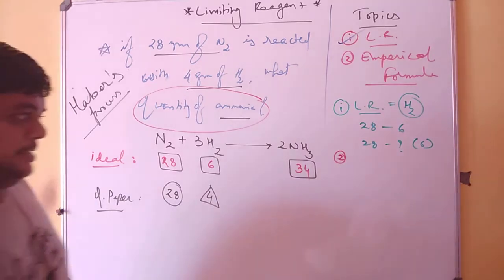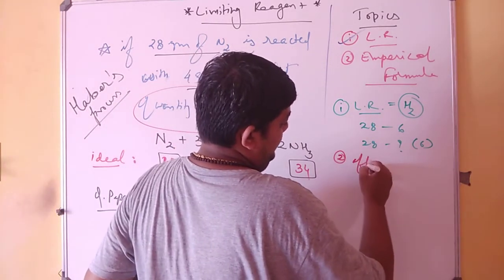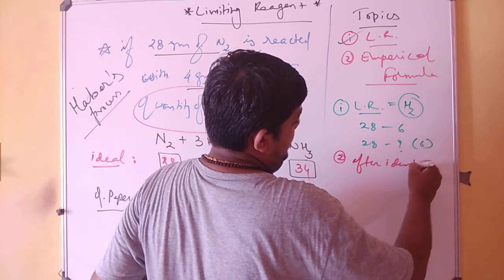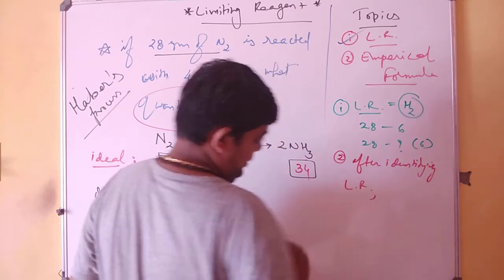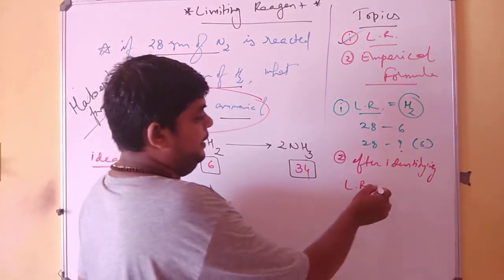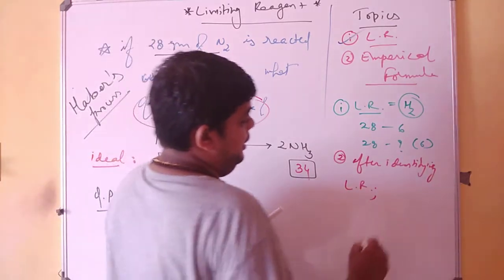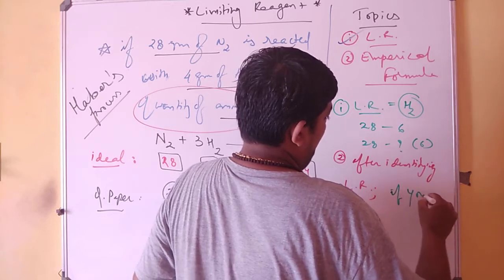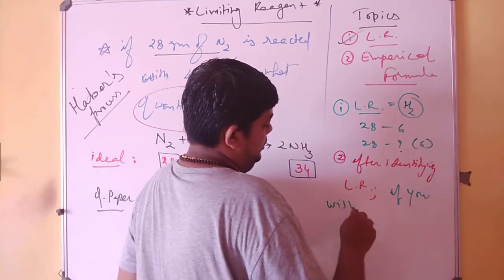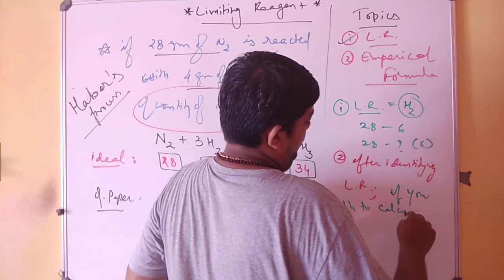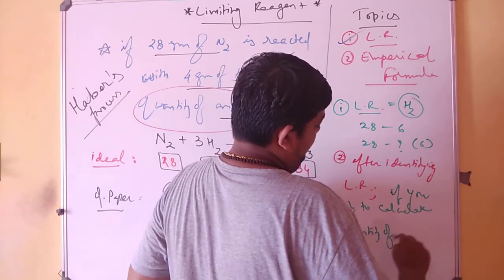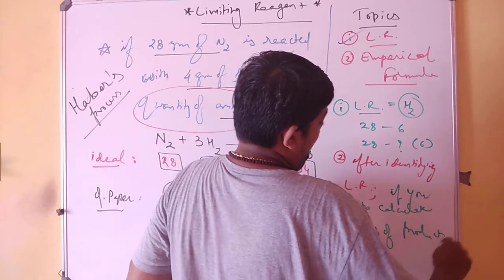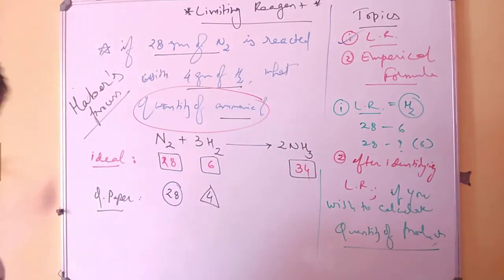Now be very precise. After identifying the limiting reagent, if you wish to calculate the quantity of product, how would you do it?